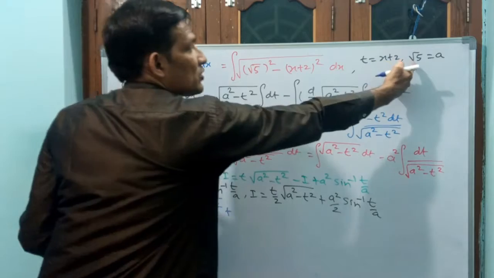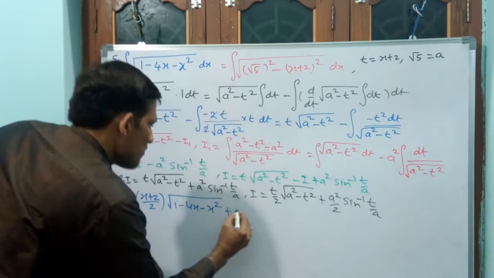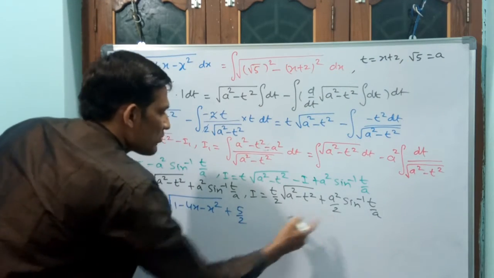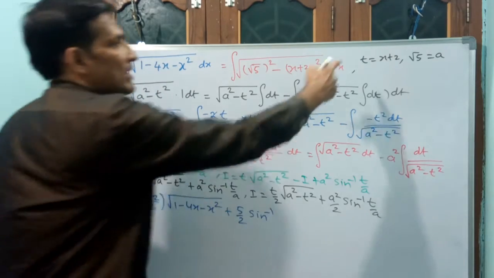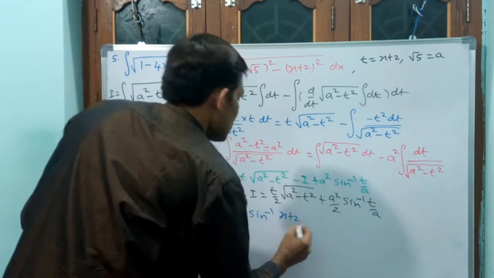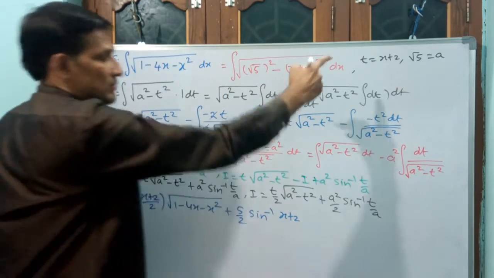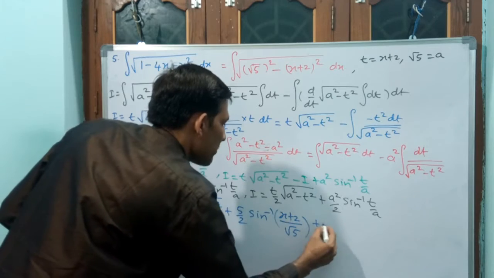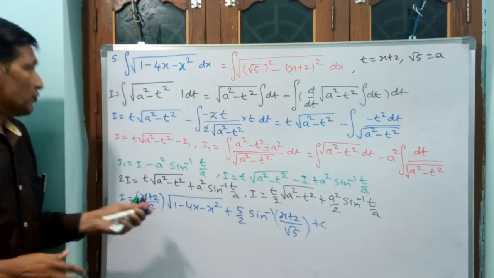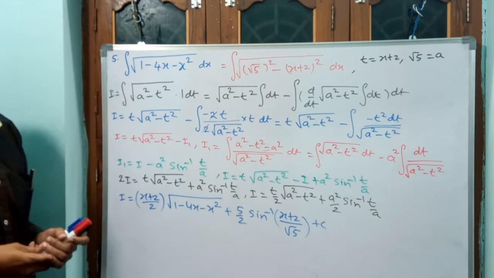A square means, see, a is root 5, a square means 5, 5 by 2 sin inverse t by a. T is what? X plus 2. A is what? Root 5. Don't forget it. Close. Plus c. Okay. This is the final answer for your question number 5.